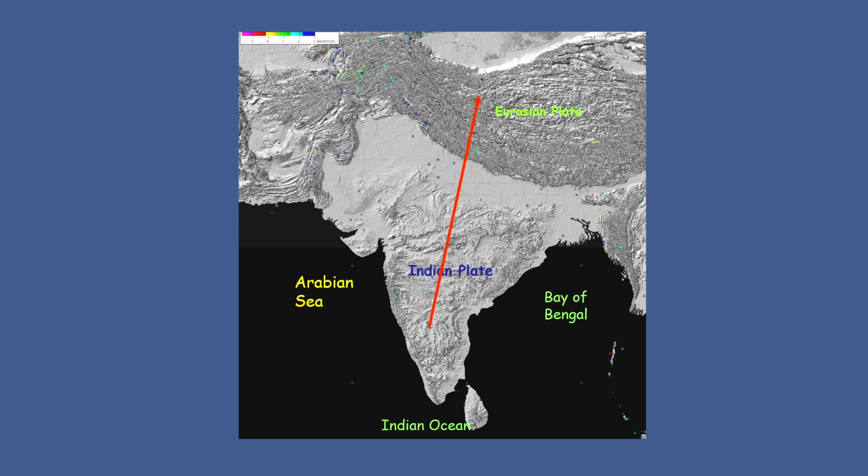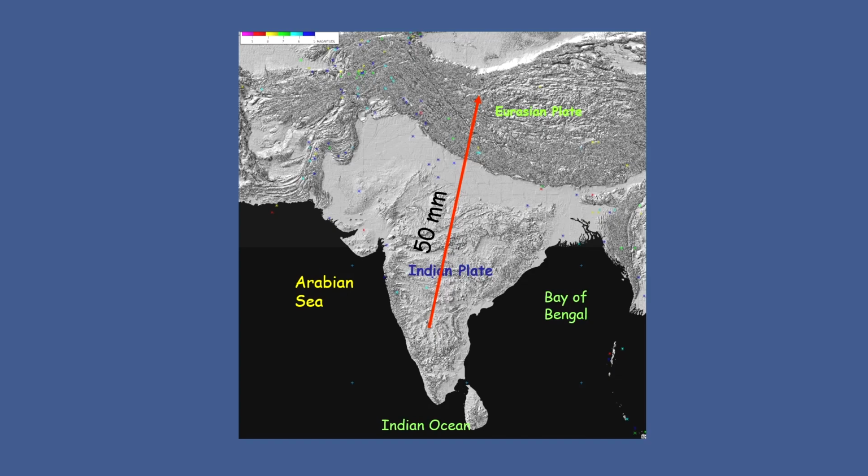Then the velocity has been calculated at which the Indian plate is moving towards the Eurasian plate, or the Asian plate, or Tibetan plate. Mostly we use Eurasian plate and Tibetan plate.